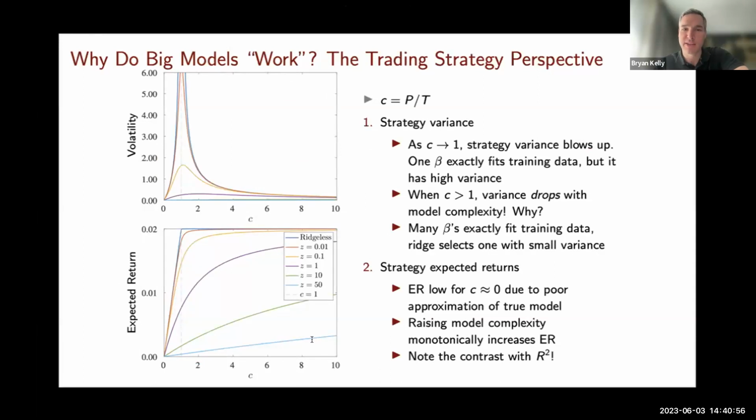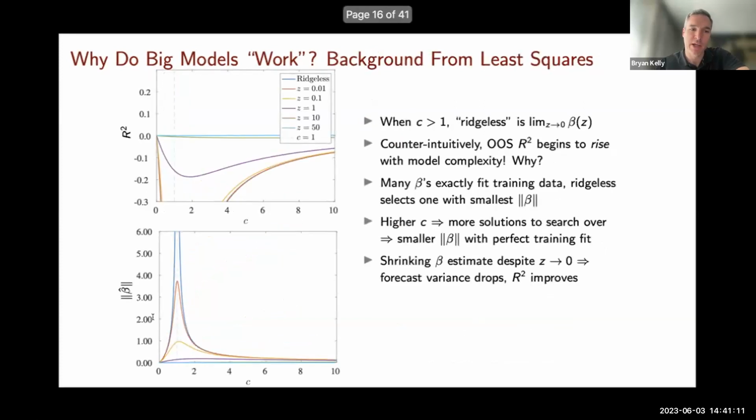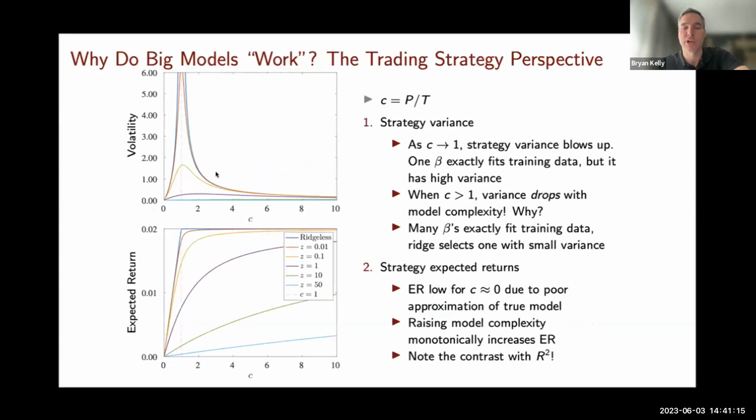What I want to focus on in this paper is what complexity does for performance of trading strategies built on these models. And so the first thing I want to point out is that as I vary complexity, it's the case that the beta norm that we were looking at on the previous slide translates 1-for-1 into the volatility of a trading strategy.